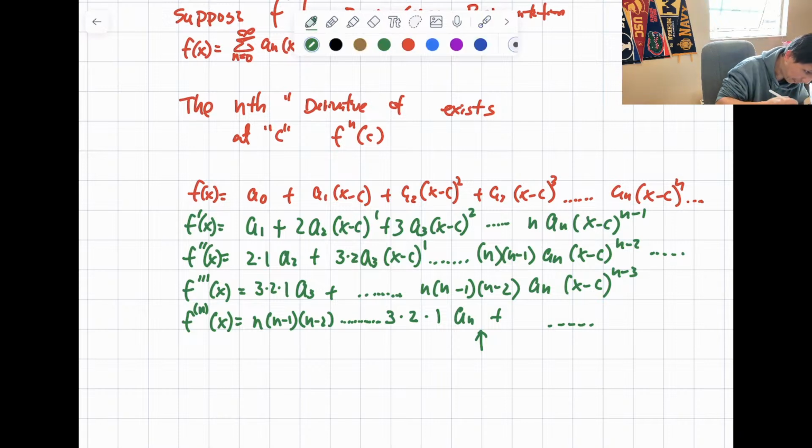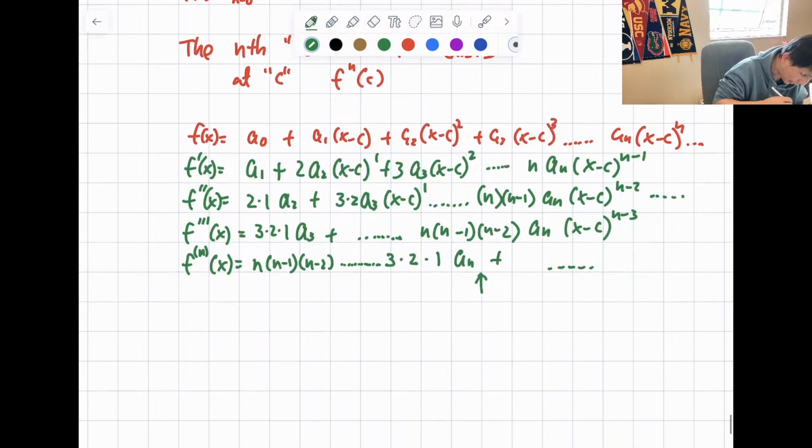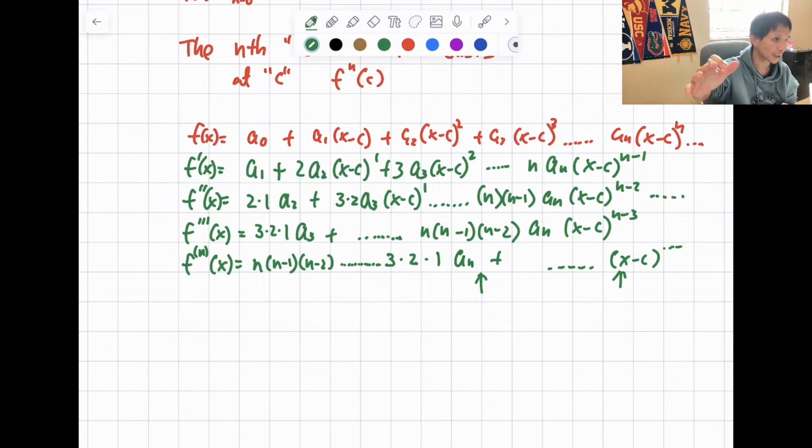So when you keep on doing that, all the terms afterwards are going to be x minus c to whatever. But if we go to c, c minus c is just going to go to 0. It doesn't matter how many powers there are. It's just going to completely go away.